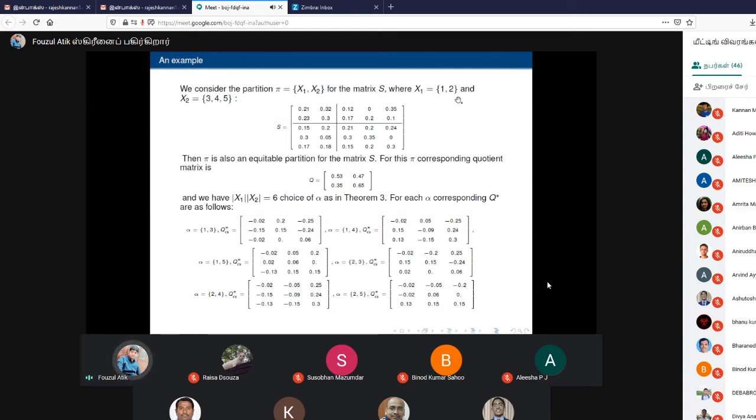Again, for alpha equal to {1, 4}, one element from X1 and another element from X2, we have this matrix. Similarly, for all possible choices, we can have six such matrices. And by the previous result, all the eigenvalues of S which are not in Q are the eigenvalues of this matrix. Now, where will we use it?